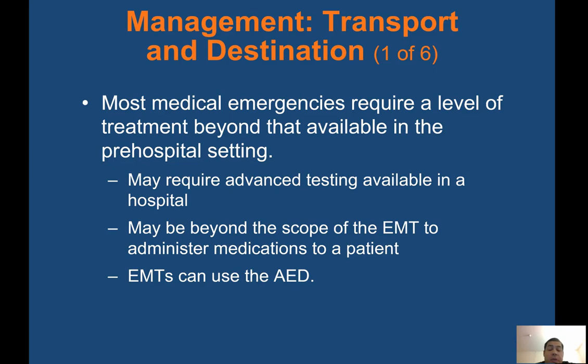And especially with the trauma, no less than 10 minutes, the golden hour, from the time of injury to the time that they get to the ED. And also EMTs, you're limited in what medications you can give to help the patient with whatever condition they're dealing with. So they may need ALS, or they may need a doctor.